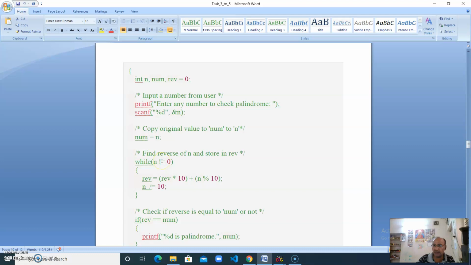While n not equals 0, 12 not equals 0, rev equals rev, that is 1, into 10, that is 10, plus n modulus of 10, that is 12 modulus of 10, which gives 2. That means 10 plus 2, 12. Then n division of 10. Like this we have to calculate.